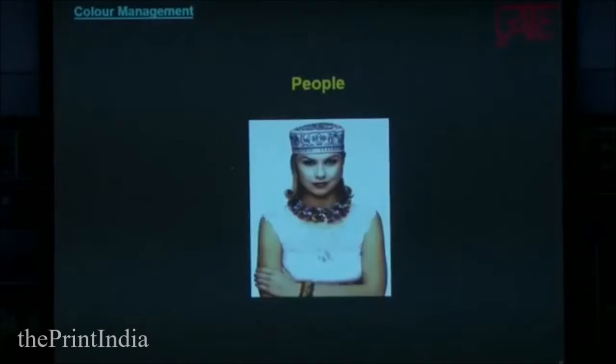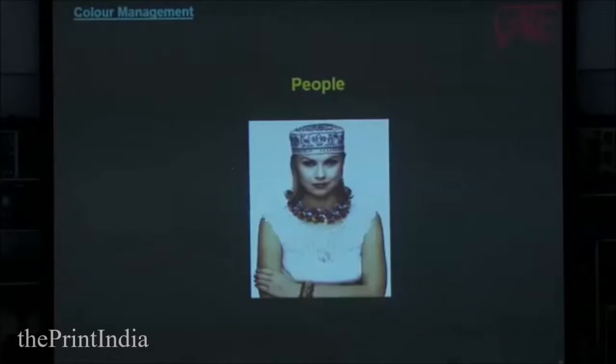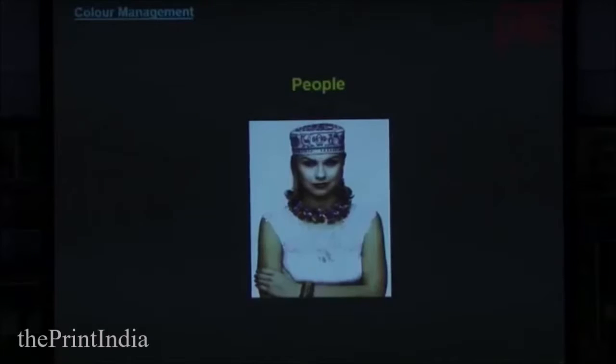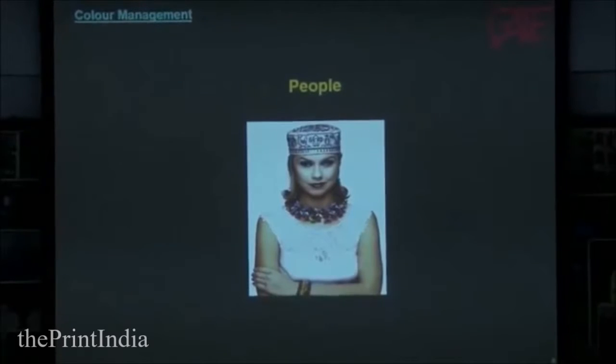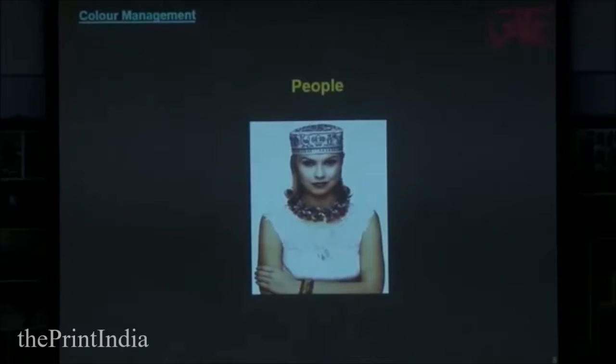So in printing there are two things which are important. If you are involved in producing pictures of personalities like film stars or sports stars or politicians and so on, what is important is the skin tone. The person has to look like a person, okay? Even if the dress is slightly different, it doesn't matter.